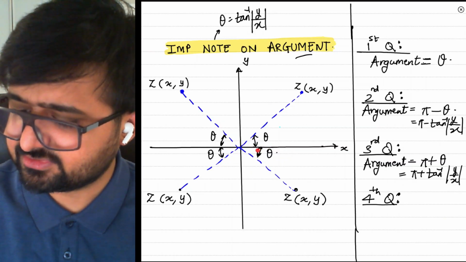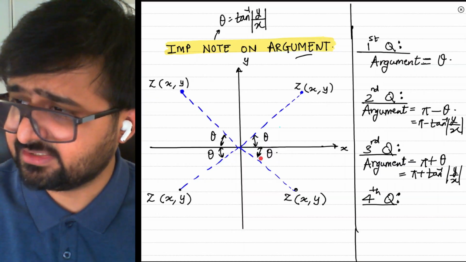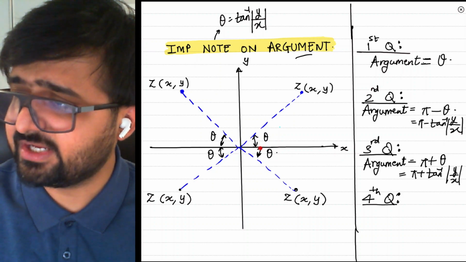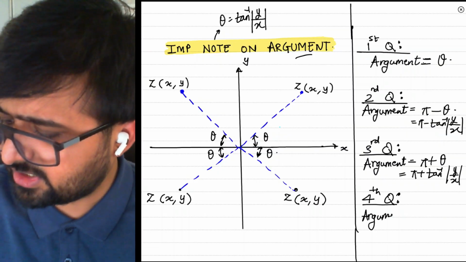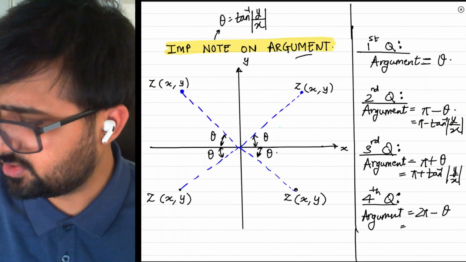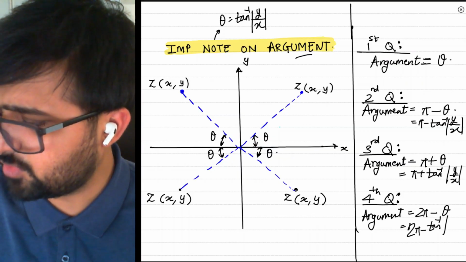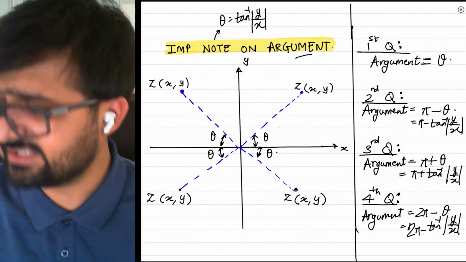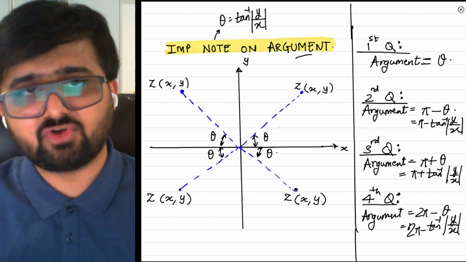This is theta, so this angle from here all the way here is 2 pi minus theta. So in the fourth quadrant, argument is 2 pi minus theta, or 2 pi minus tan inverse mod y by x. Okay, that's how your argument changes as the quadrant of the complex number changes.